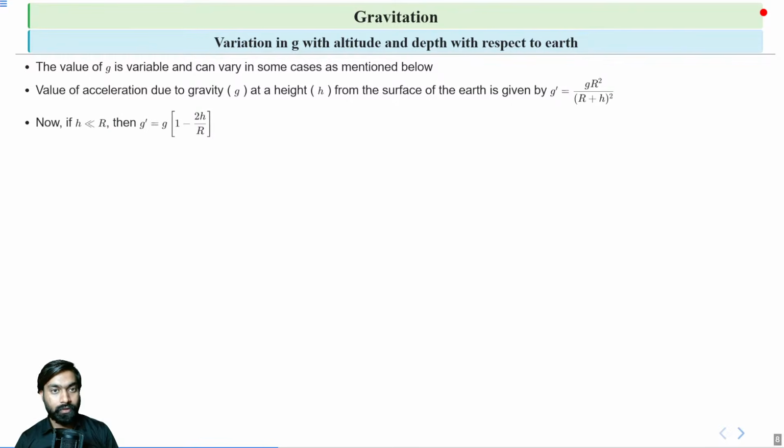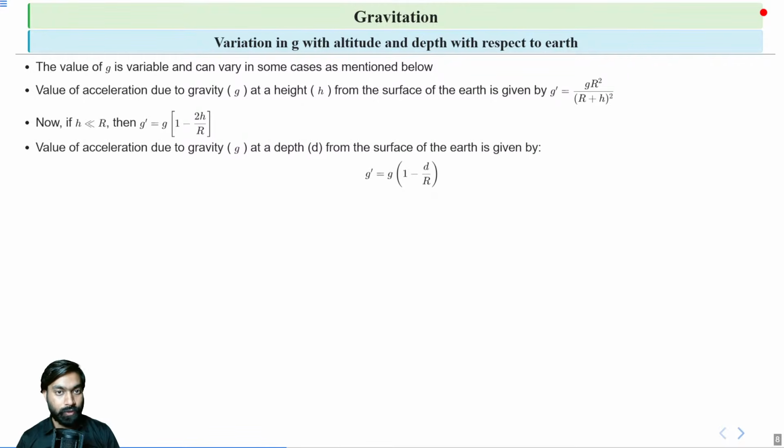Now if small h is much less than R, this is our first case, then the formula will be g prime equal to small g into 1 minus 2h divided by capital R. This is valid for acceleration due to gravity at a height h.